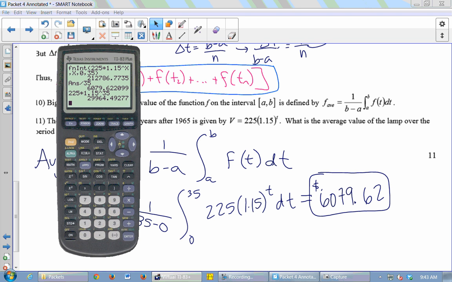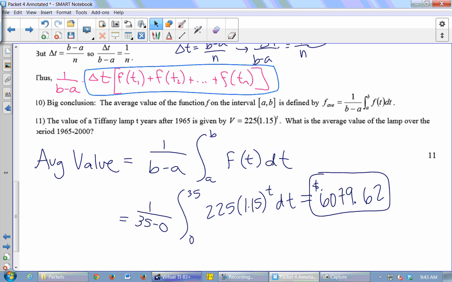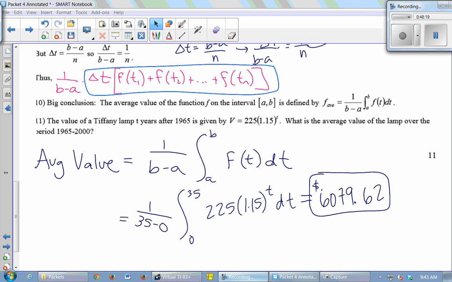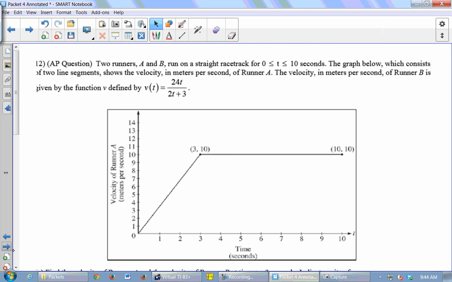So if this value function is really true, then an average value should come out somewhere between the starting value of 225 and the finishing value of 30,000. So that would make sense. This may or may not be a good function to model the value of a Tiffany lamp. All right, I think that's a good place to stop.